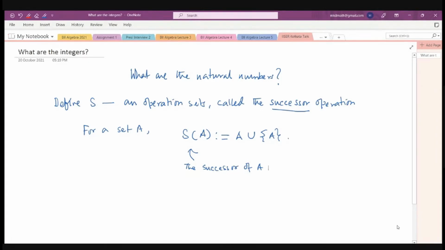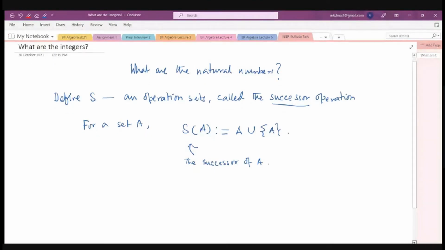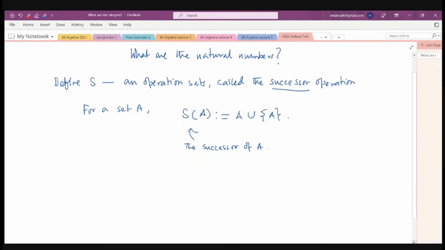Now, as promised, I'll start from nothing. So this is my first set, the empty set, and then I'll keep on applying this successor operation.